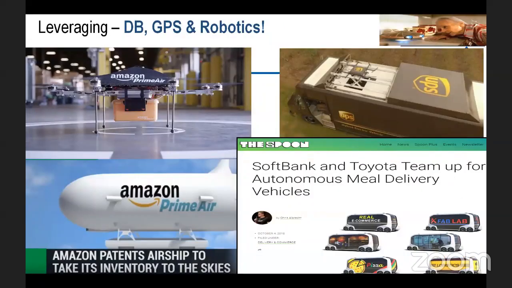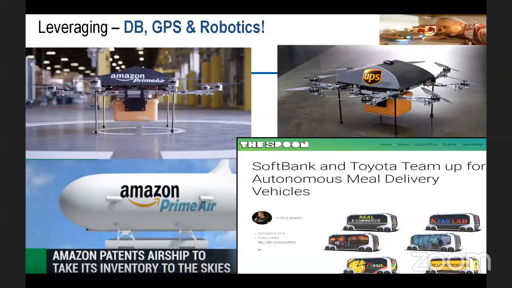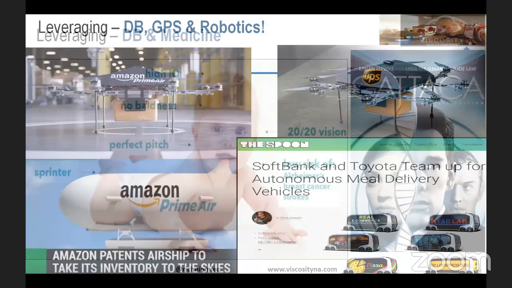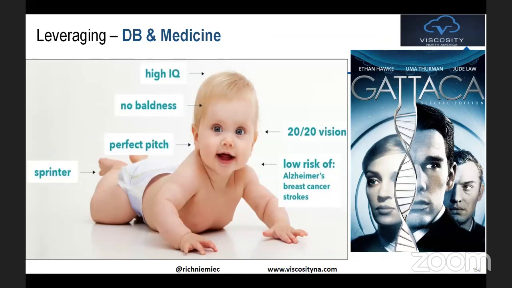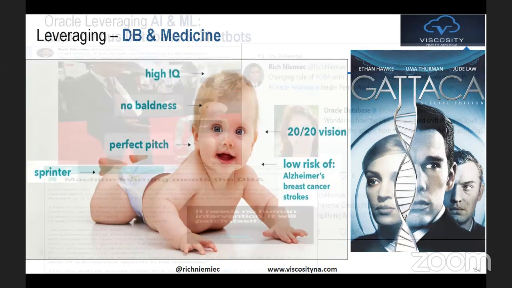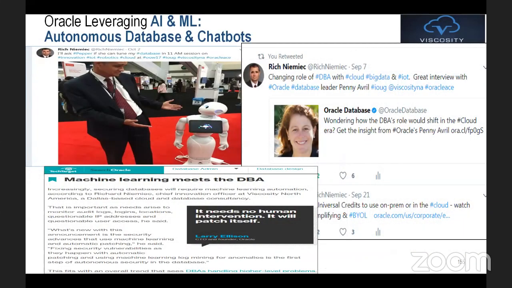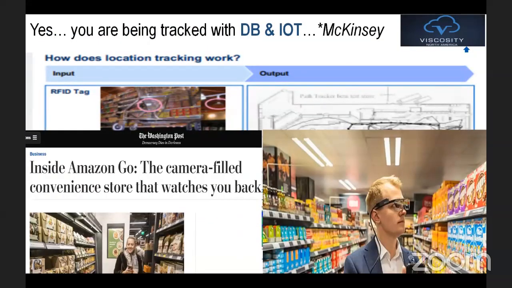Am I leveraging the database and GPS and robotics? These are the advantages of Oracle themselves. The fact that they have a converged database that handles all these different types of data very efficiently and also secures them. Am I leveraging medicine? How about the autonomous database? Am I using chatbots? How about IoT?